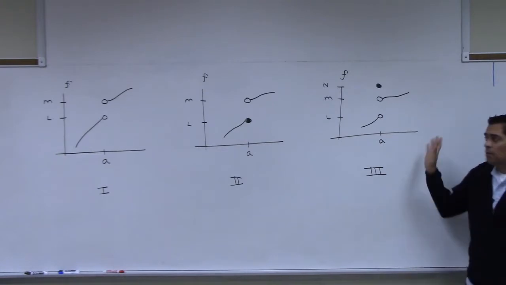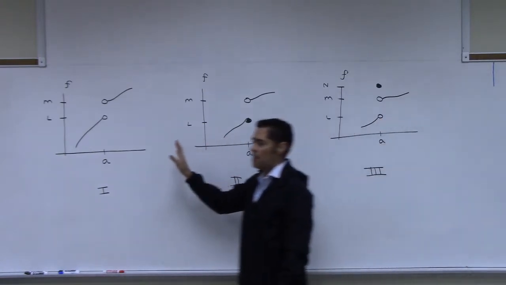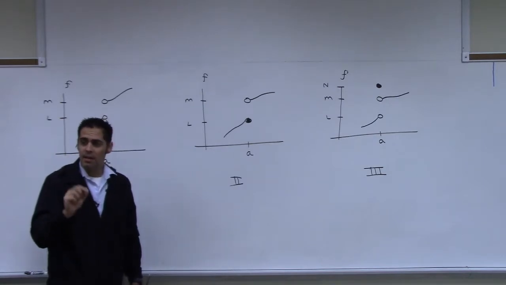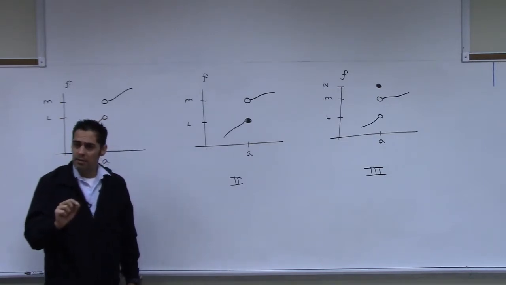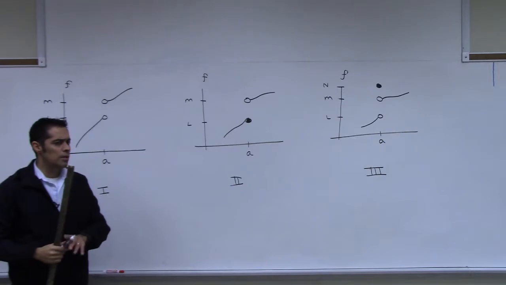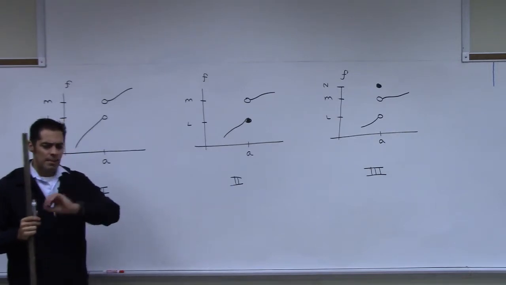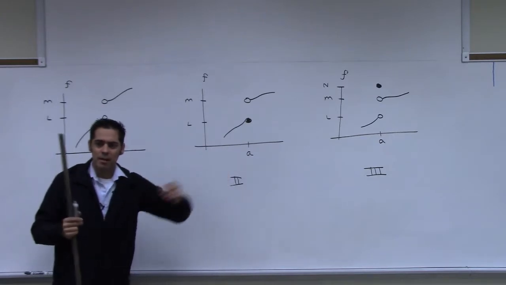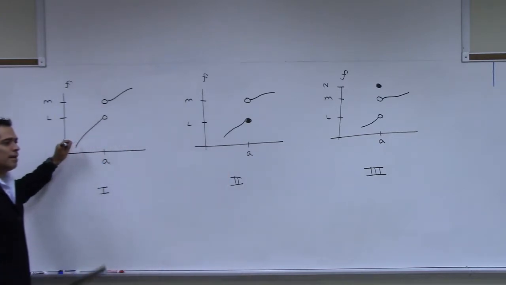Okay. So all of these examples here are examples of functions that are not continuous at A. And when you think about the word continuous, I want you to think about it in terms of the real world. Continuous means, you know, it continues, right? So imagine I'm trying to draw this picture right now.